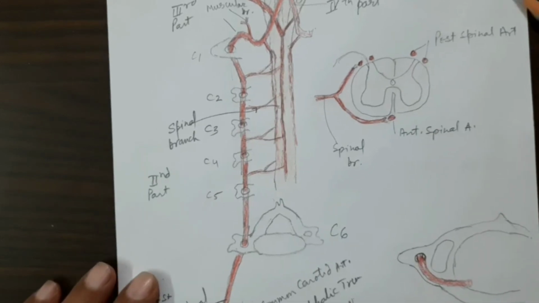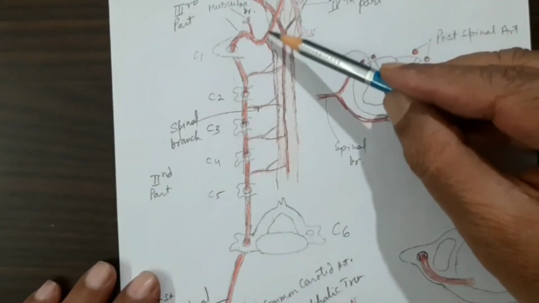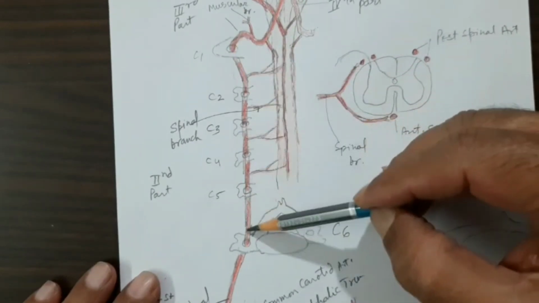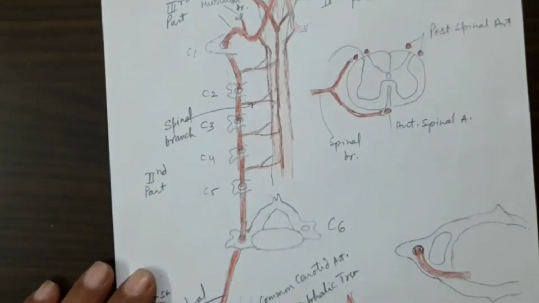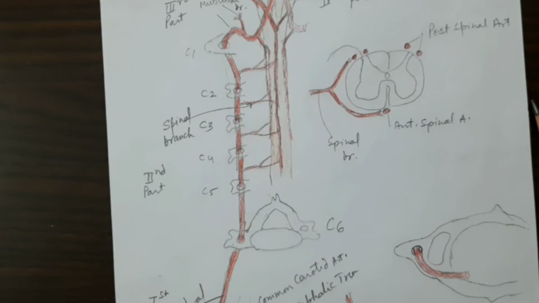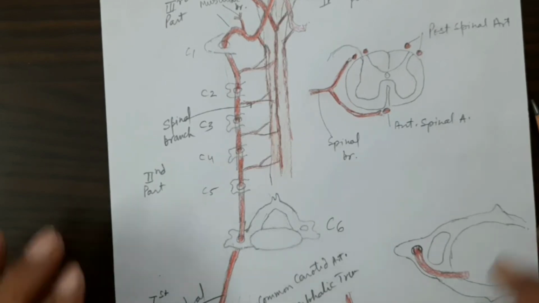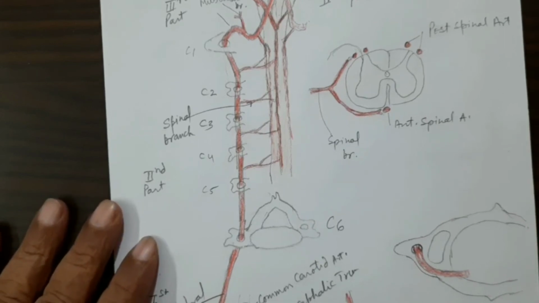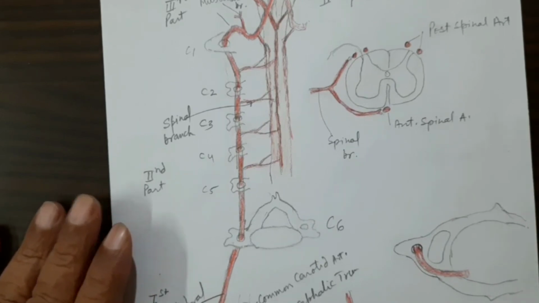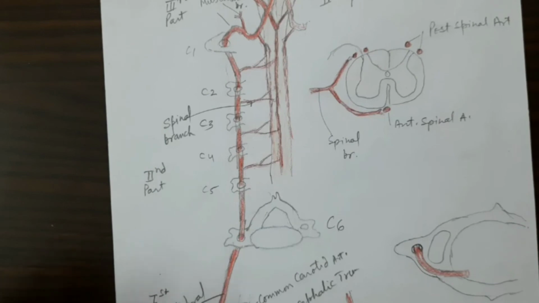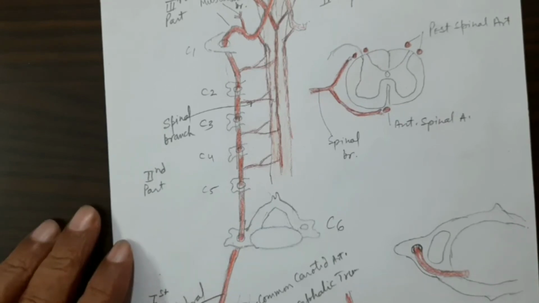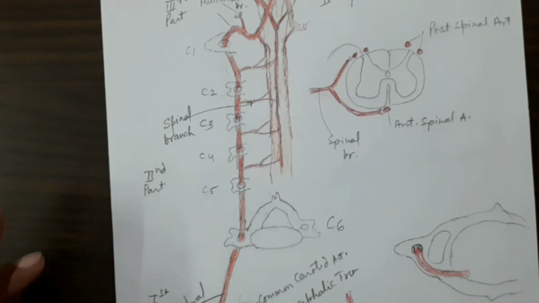Another applied importance is that as age advances, the lumen of the vertebral artery becomes narrow because of the deposition of fibrofatty tissue deep to the tunica intima, just deep to the endothelial lining. This leads to narrowing of the vertebral artery, and again the same result.